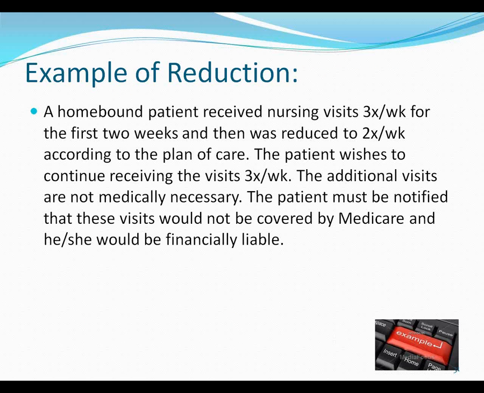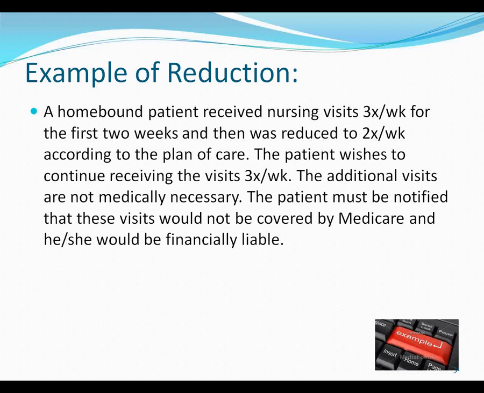So let's just give an example of a reduction. You have a homebound patient who is receiving nursing 3 times a week for the first few weeks, and then they decide to reduce to 2 times a week as the patient is improving. But the patient doesn't want that decrease. They want to continue 3 times a week, but the nurse has explained that this additional visit is not medically necessary.